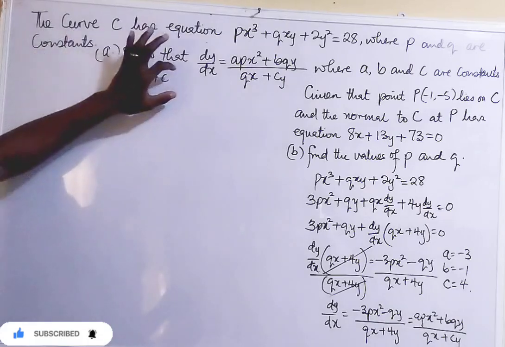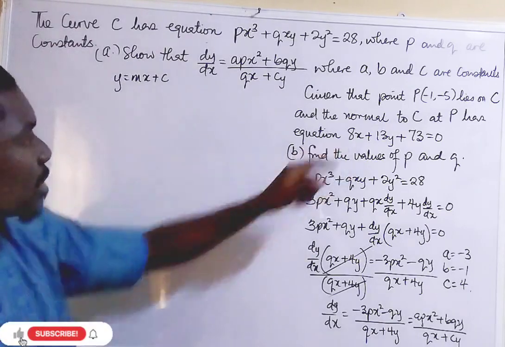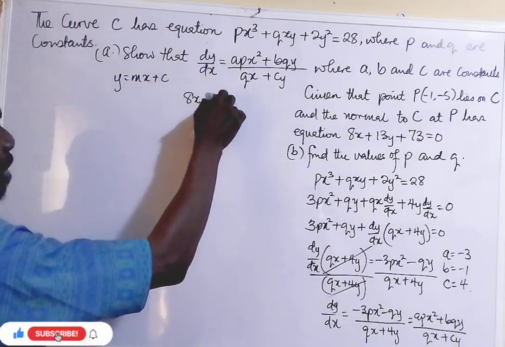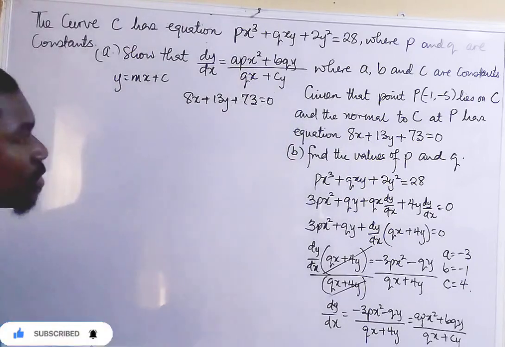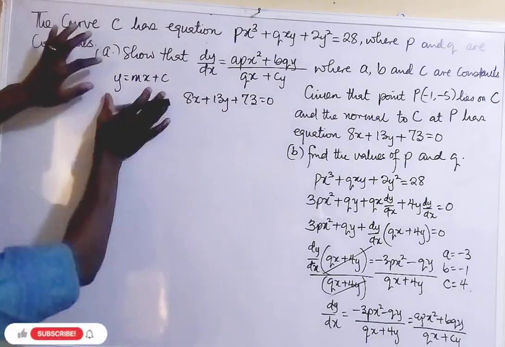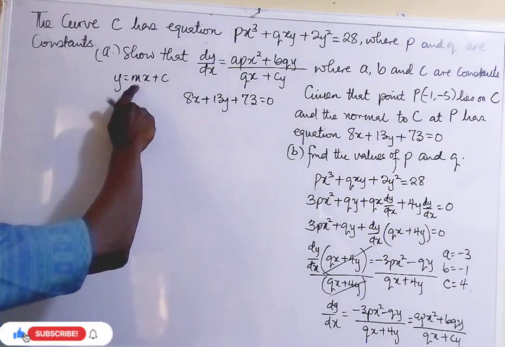This is the general formula of a straight line graph. So from this, we have 8x plus 13y plus 73 equals 0. Let us transform this equation to this form, and by so doing, we get to find the slope.